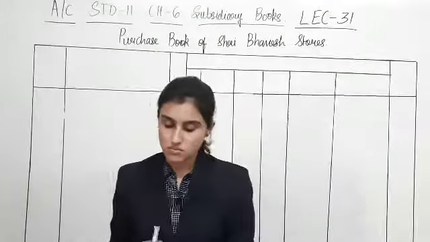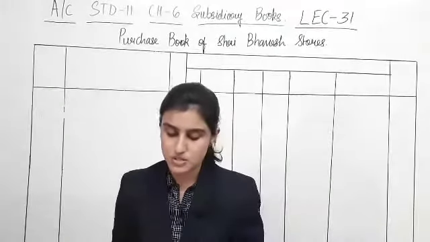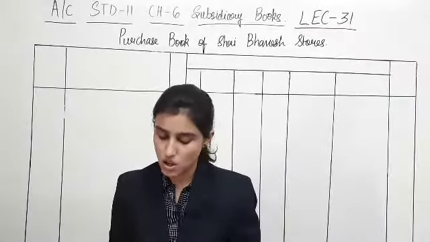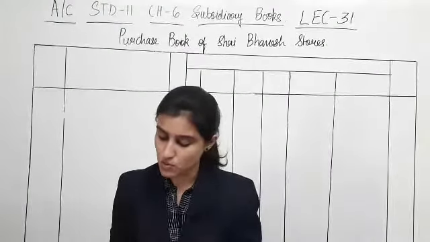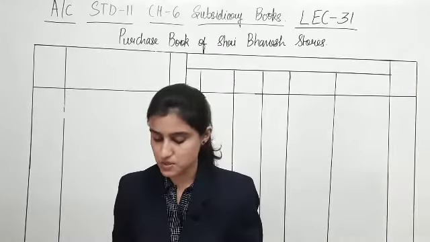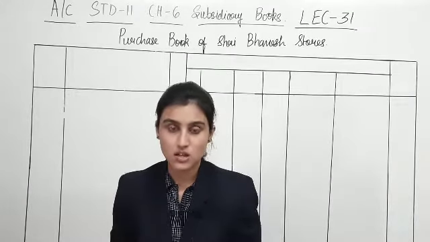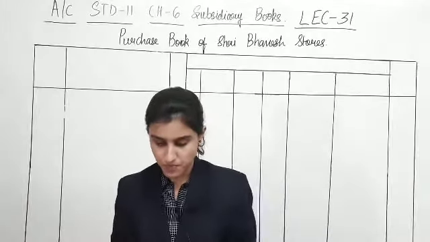And on 24th of November Mr. Karan has placed an order for 30,000 at 10% trade discount for supply of goods. So 30,000, the 10% is 3,000 and the net amount of goods is 27,000.